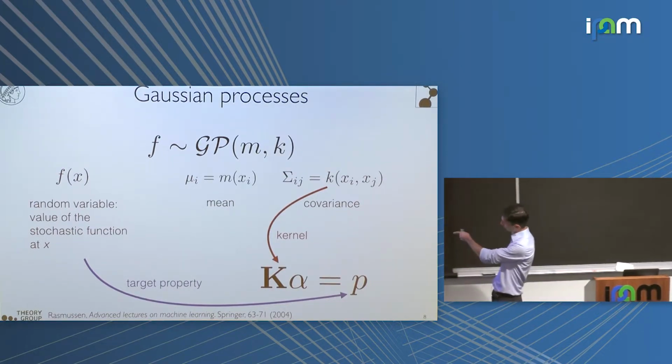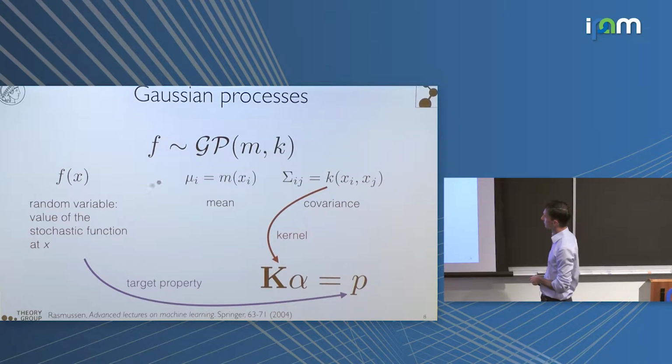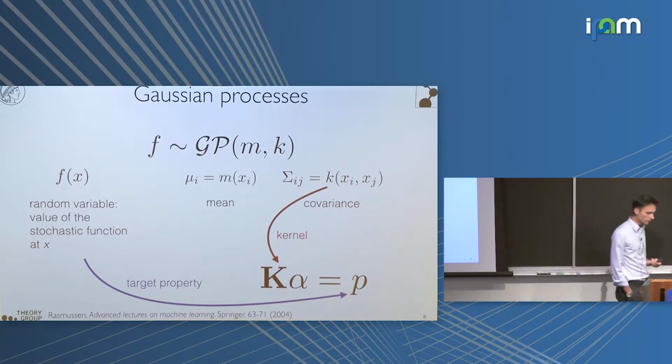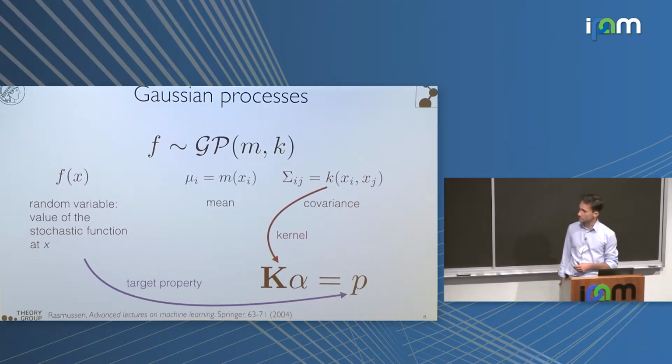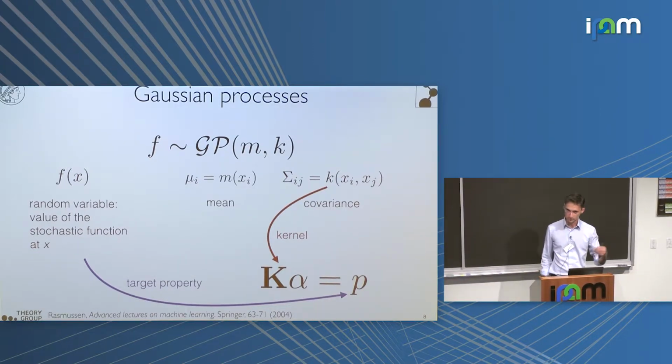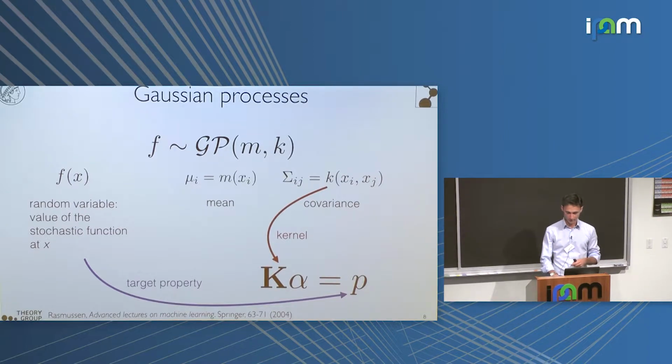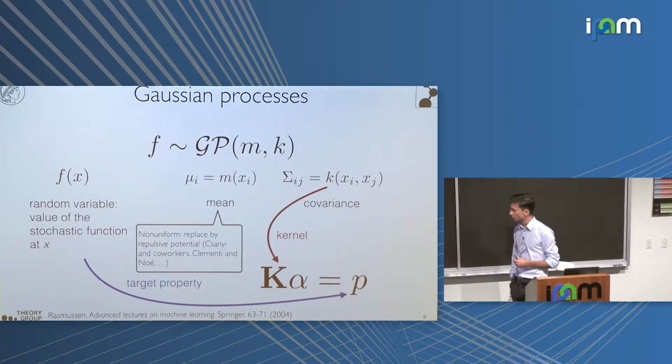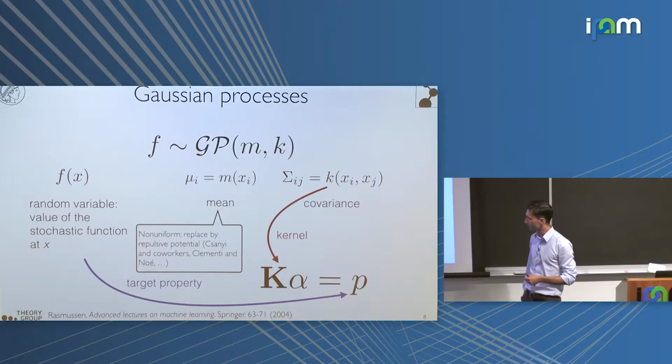So the kernel is what we use in this covariance term. This is what forms the kernel when you're solving this equation. Very often the mean term is neglected, and that leads to this uniform prior. But that's not always the case, and there are some works that take advantage of this.